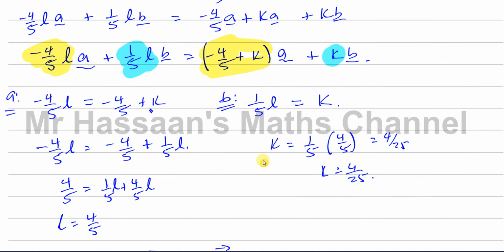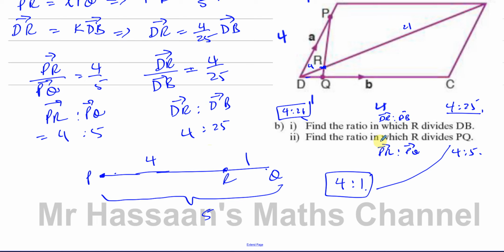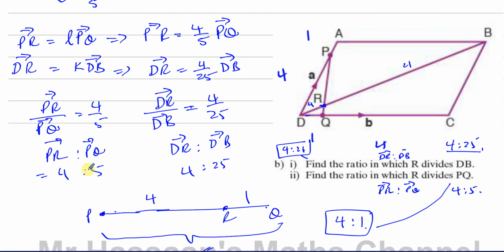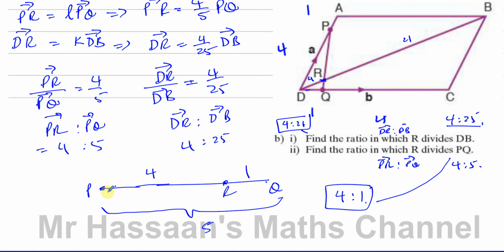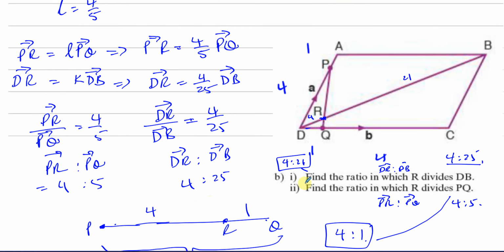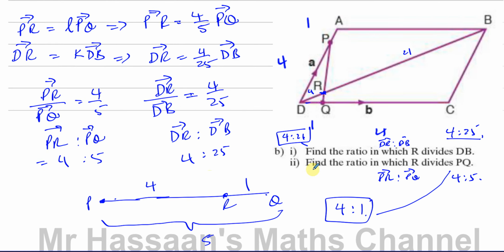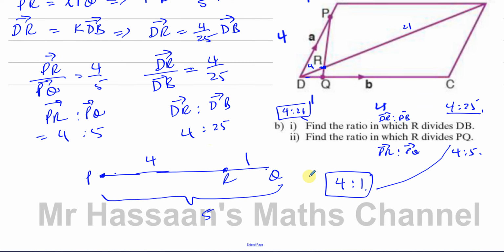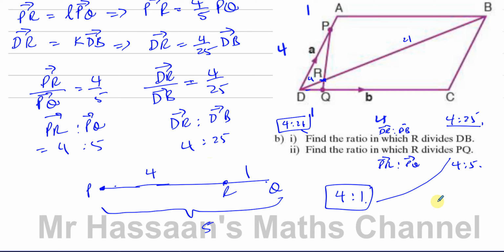Same should be here. If we find the ratio of PR to PQ is 4 to 5, then PR to the whole line is 4 to 5, then R divides the whole line PQ in the ratio of 4 to 1. The whole thing is 5. So that's how I understand this question anyway. Maybe other people have another perspective on it, but I think the answer in the end is actually an answer to a different question.